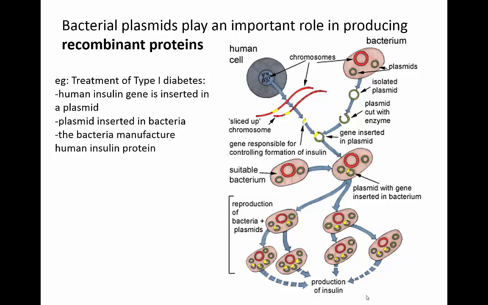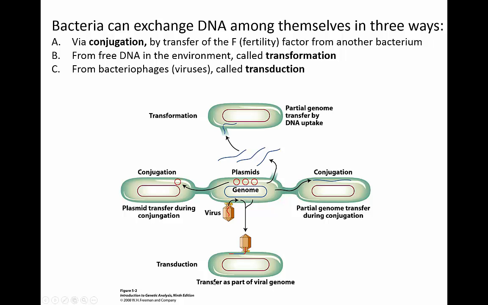There are other human disorders that are treated by recombinant human protein, such as hemophilia. You can have the bacteria produce the particular clotting factor that individuals are deficient for, and then inject that into their blood. Okay, so next we're going to move on to talking about transformation.